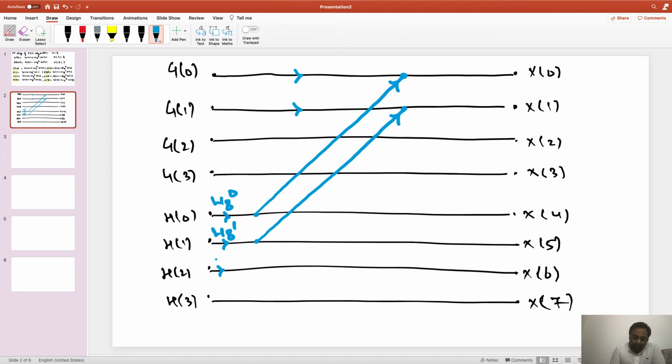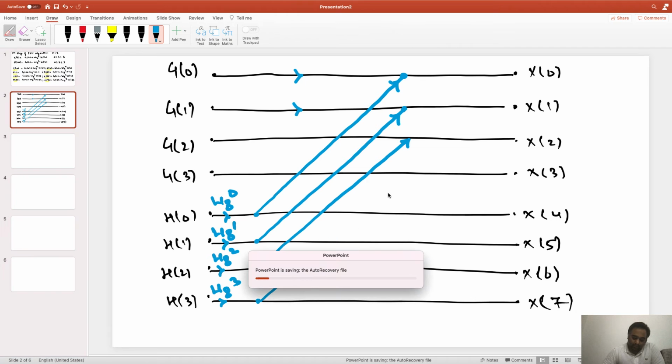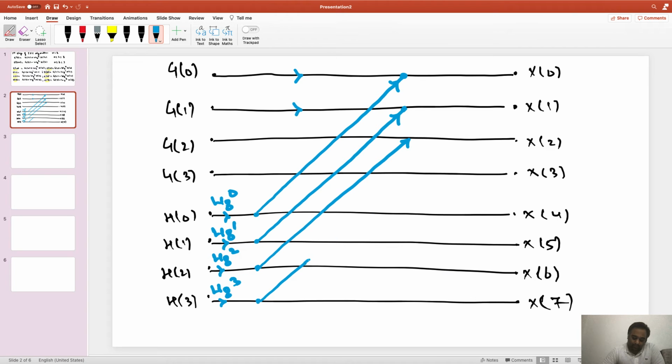Similarly, it is W8^2 and this goes and gets multiplied here, and this is W8^3 and this goes and it gets multiplied here, and we have these arrows going like this.